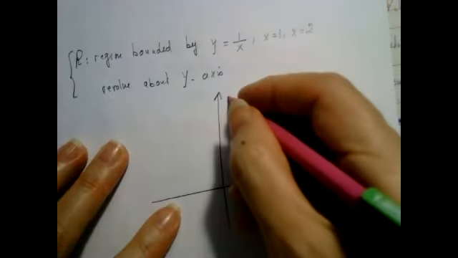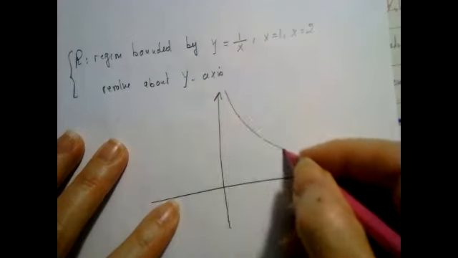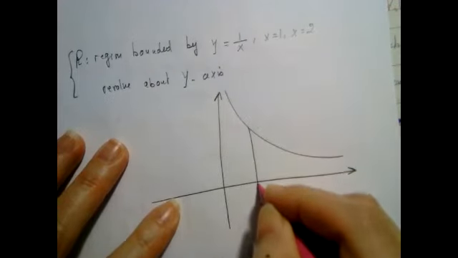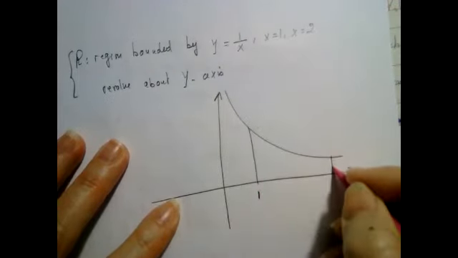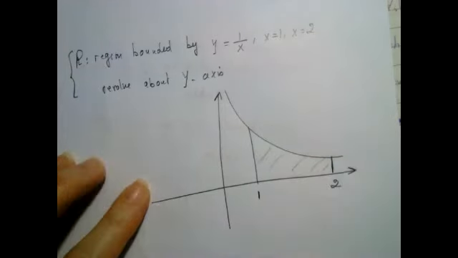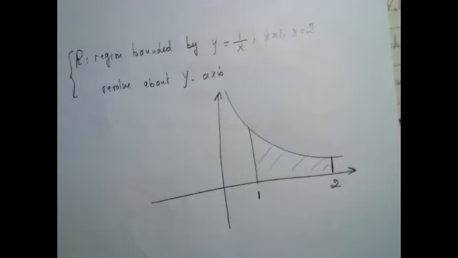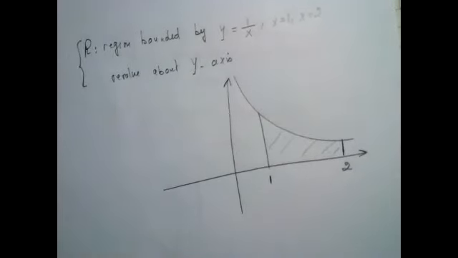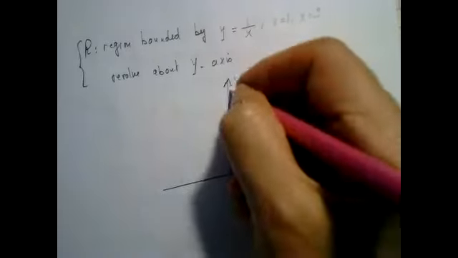So y equals 1 over x. This is x equals 1, this is x equals 2. You have to tell me shell versus washer. And this is the axis of rotation.